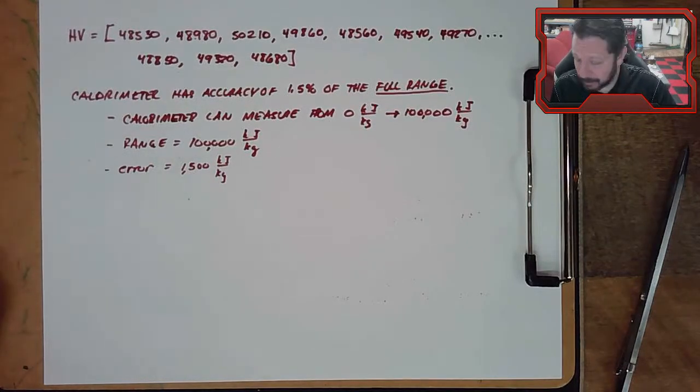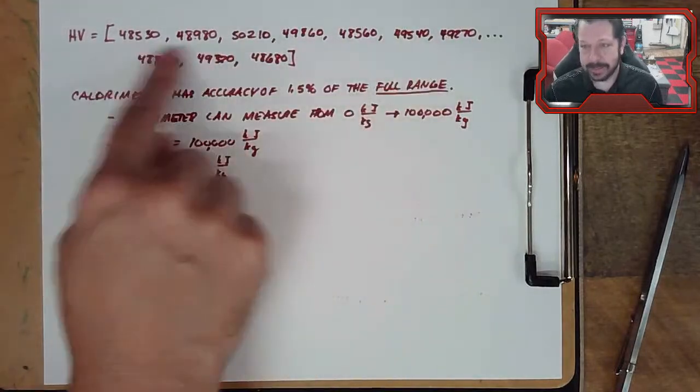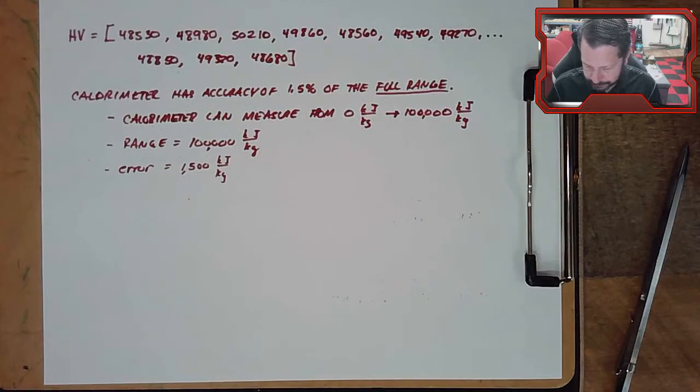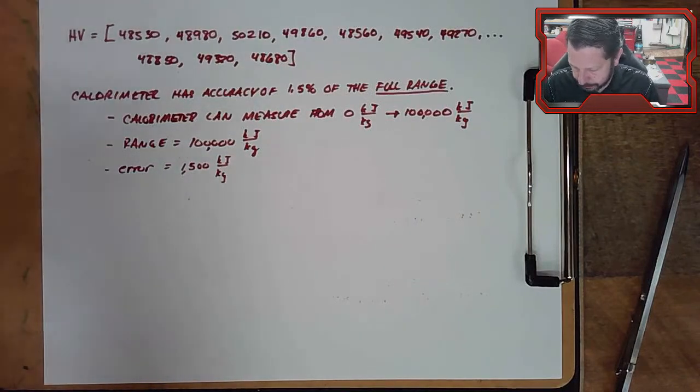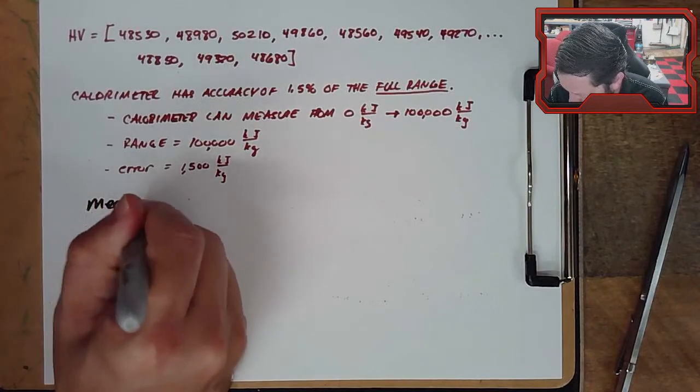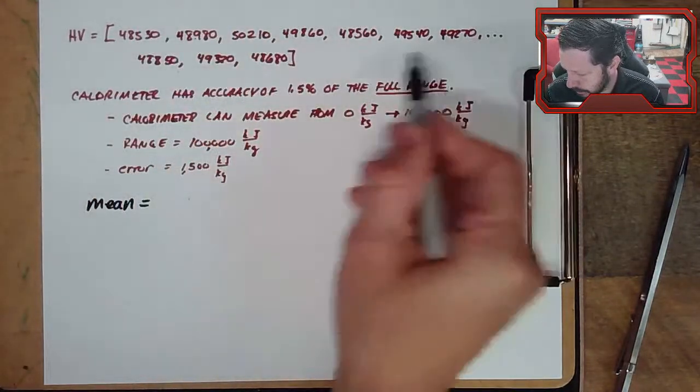One nice thing about doing it in Python, though, is it is easy to calculate the mean and standard deviation of our data set. So we have to do that first. The mean is not a big deal. The mean equals, we add all these numbers up and divide by 10.